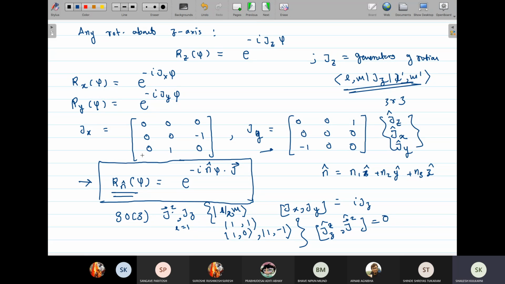But in 3 dimensions, you must be thinking that rotation is always represented by a 3 cross 3 matrix, right? That rotation has a 2 cross 2 representation, or 2-dimensional representation, on your quantum mechanical state space.